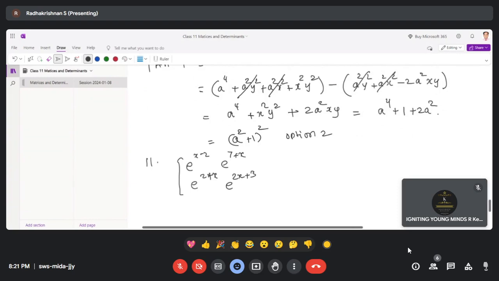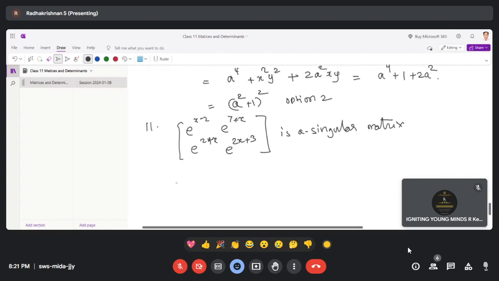So what does it mean if we say that this is a singular matrix? Determinant equal to 0, sir. Correct. Okay. So that means this determinant is equal to 0.